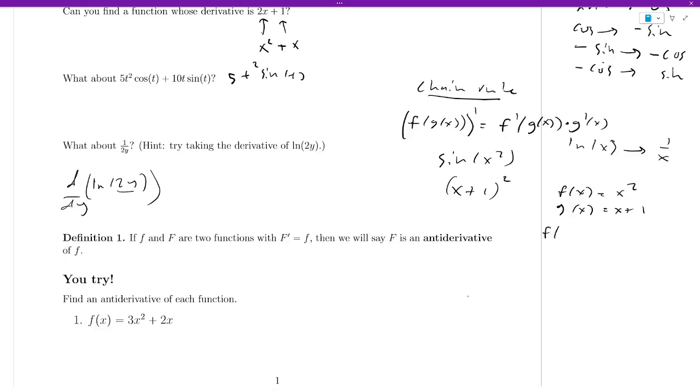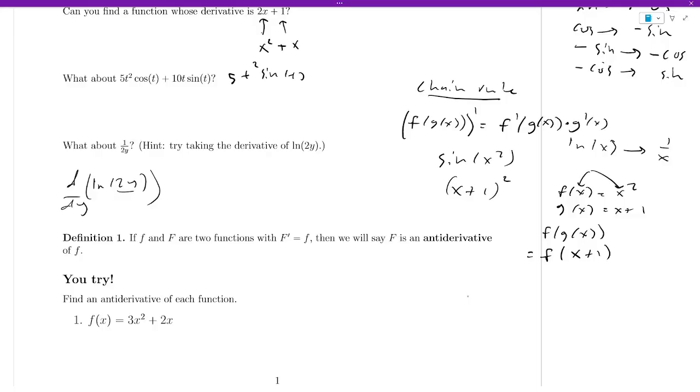And when I write something like f of g of x, what does that mean? It's f of whatever g of x is. G of x in this example is x plus 1. So it's f of x plus 1. F of x plus 1 means, whatever you're plugging into f, square it.